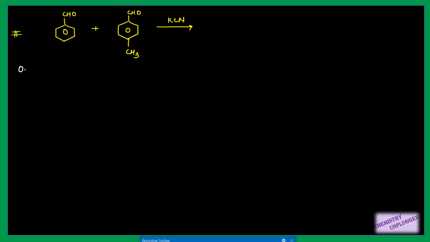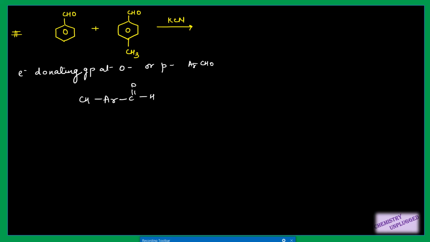whenever you have an electron donating group at the ortho or para position of an aromatic aldehyde, suppose this is your aromatic compound attached with this carbonyl, this aldehyde, and it is attached with the electron donating group.